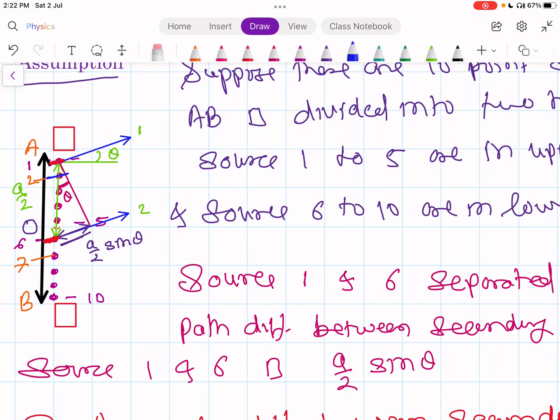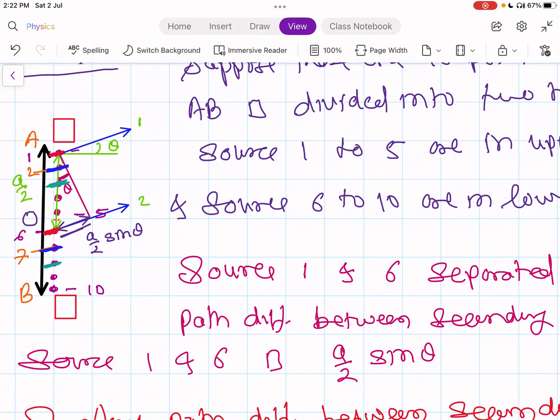Similarly, secondary waves emitted from source 2 and source 7 is also a/2 sin θ. Secondary waves emitted from source 3 and source 8 is also a/2 sin θ.